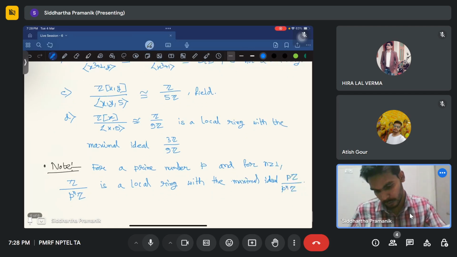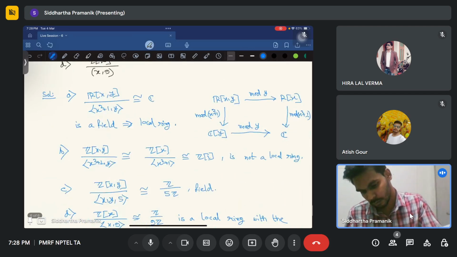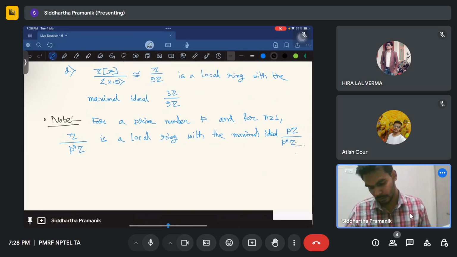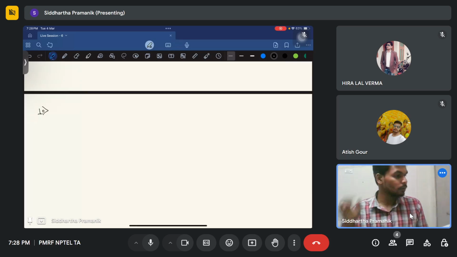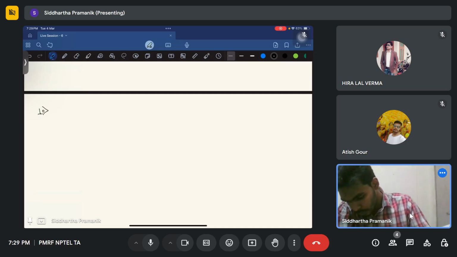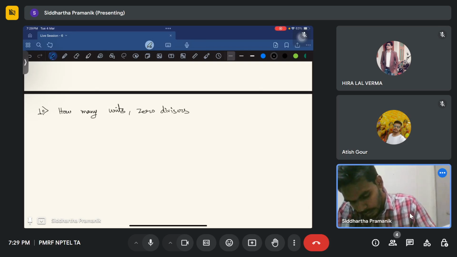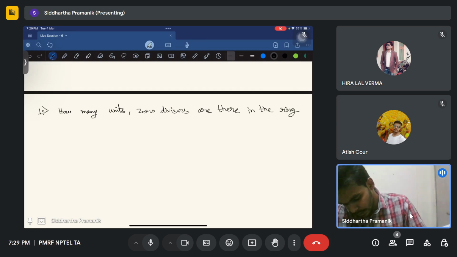Okay. So using this, let's do one more. This is something computational. How many units and zero divisors are there in the ring, let's say, Z mod 125Z?